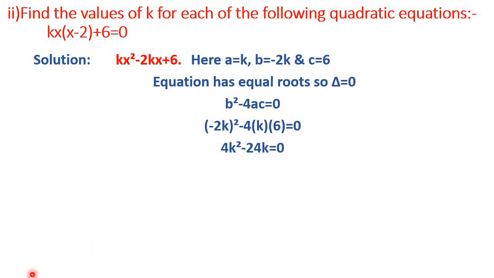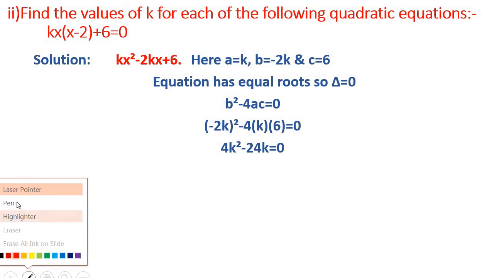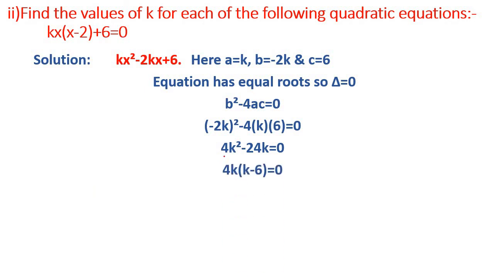Here k² and k are there. Therefore we can take 4k common, since 4 and 24 have the factor 4, and k² and k have the factor k. Then the remaining term is k − 6. Already we have taken 4k outside. If you multiply and check, 4k into k is 4k², and 4k into 6 is 24k, which is equal to 0.